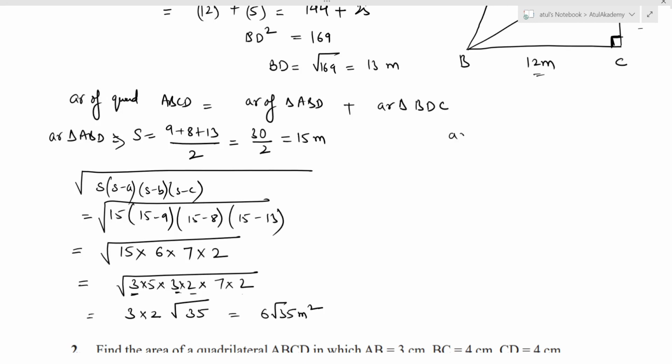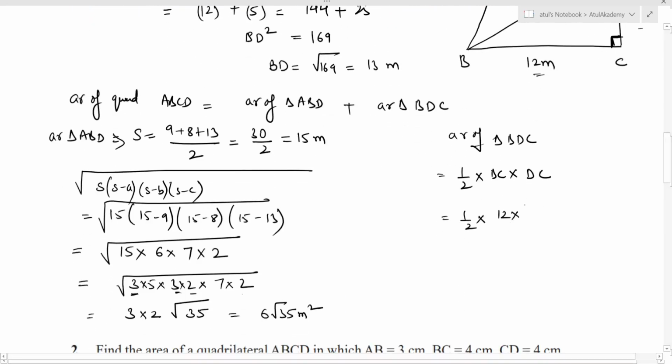Now, what's the area of triangle BDC? It will be half into BC into DC. I'll use that formula only. We'll get the same area if we use Heron's formula also. So half into 12 into, what is DC? DC was 5. Cancel it out, it's 6. 6 into 5 is 30 meters square.